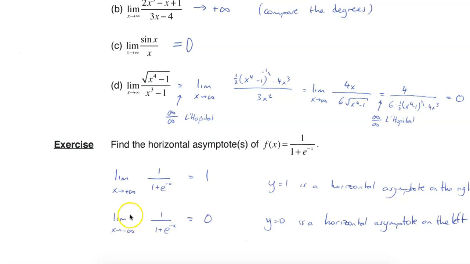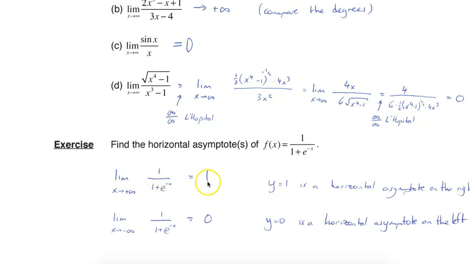So when x approaches positive infinity for this expression, we have e to the negative infinity. You have to have the graph in mind, and you would see that this is going to get closer and closer to 0, and therefore we have 1 divided by almost 1, getting closer and closer to 1.